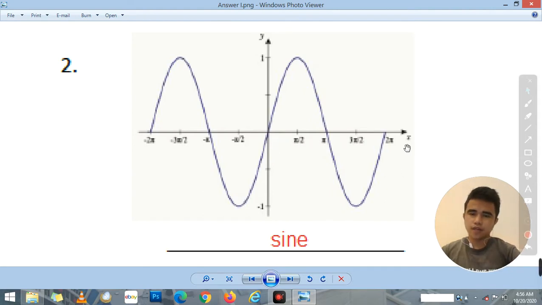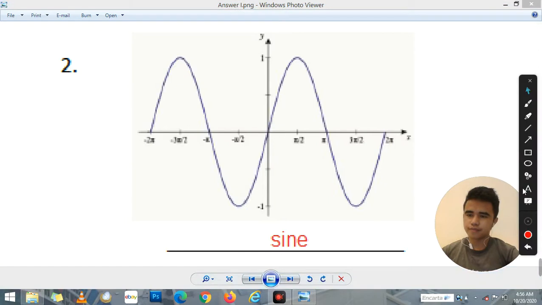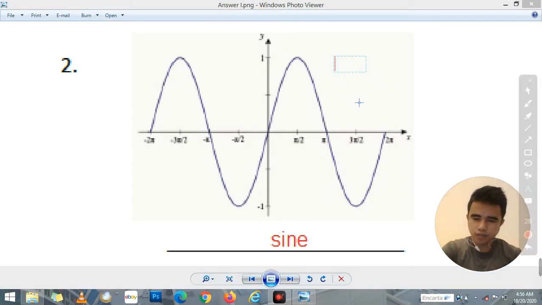So if we consider this function y equals sine x, and we set this value of x equals 0, we have the coordinate of our origin 0, 0.